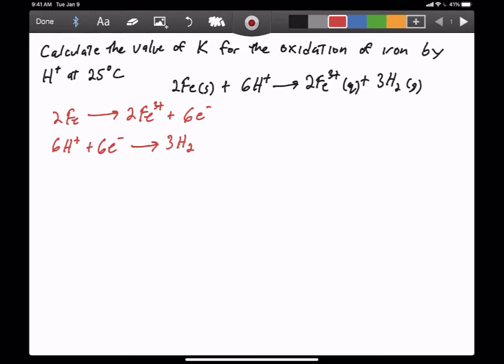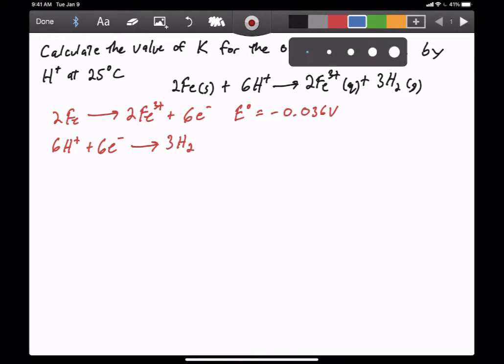We can look up the E0 cells, and so for this first one, the reduction potential for iron turning to iron 3+ is a negative 0.036 volts. Even though this is written as an oxidation reaction, we still use the reduction potential. That's because that's what we look up.